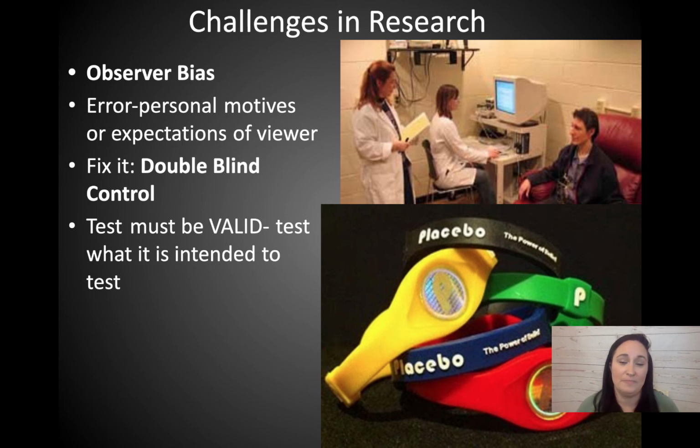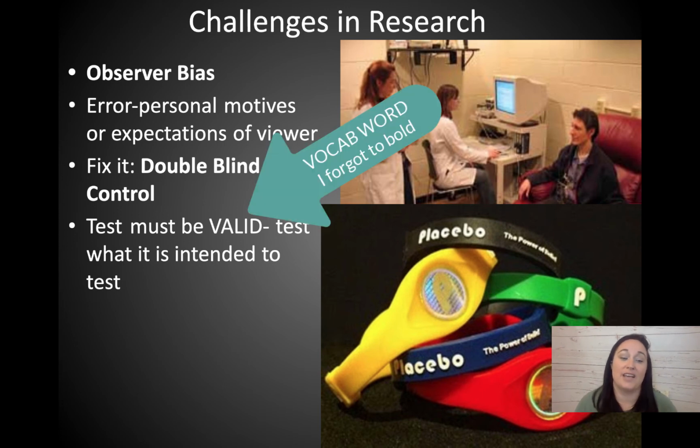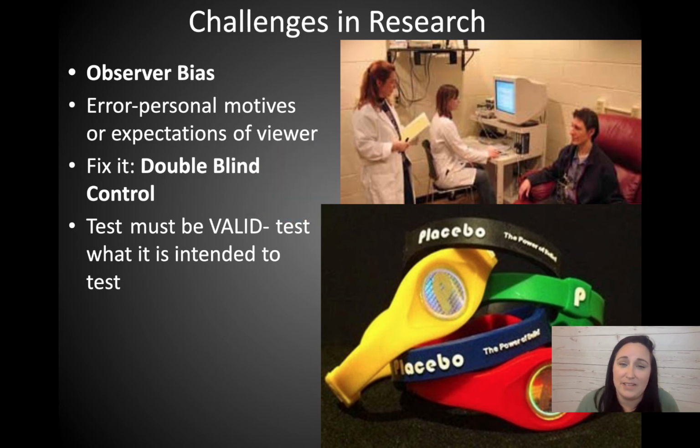In order for our research to be meaningful, it has to be valid. When we do a study, the results should be valid. Valid means testing what it is intended to test. If you give a paper and pen test to a doctor and they do excellent, amazing, their essay is great, their multiple choice is great, their diagrams, whatever, that doesn't necessarily mean that they're going to be an excellent doctor, right?